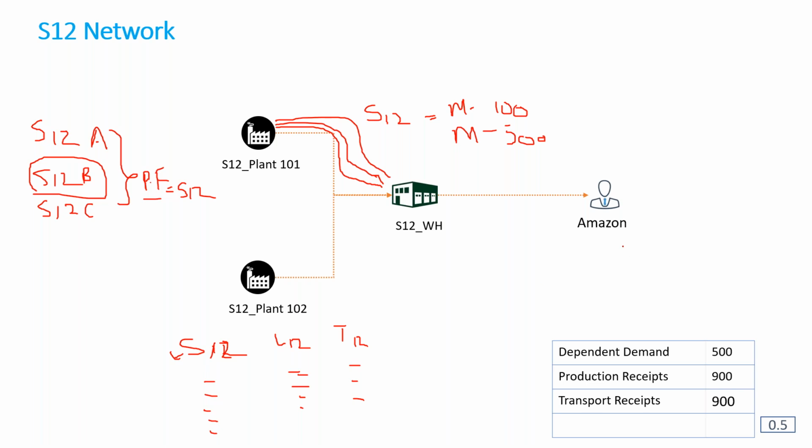For the Amazon customer, the demand is there for smartphones, laptops, and tablets. The optimizer will come up with a supply plan for all the smartphones, laptops, and tablets, and production will happen for all of them. But if you don't want to produce laptops and tablets, you can keep an aggregated constraint.